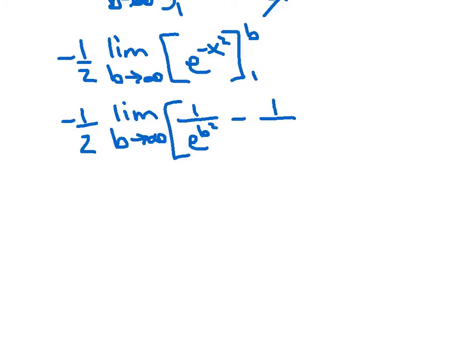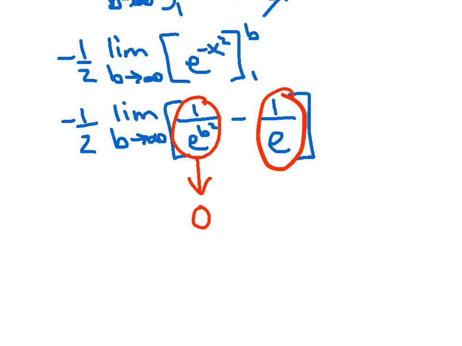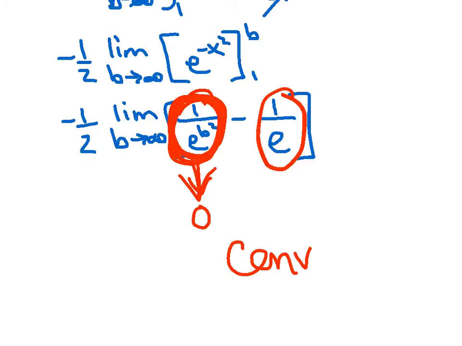And then we got 1 over e to the first power. And here's the key. As soon as you get to a point, you say, wait a minute, as b gets bigger, that term is approaching 0. And then, of course, this one over here is finite, but it's really this term you want. As long as you get a finite number right there on that term, boom, we can say that that integral converges. And, of course, if the integral converges, the series also converges, although be it to a different value.